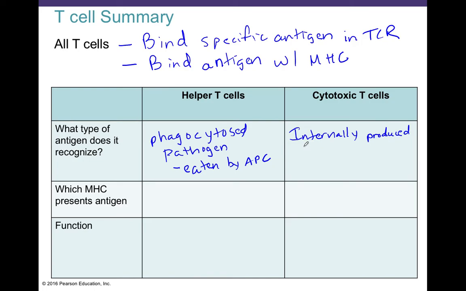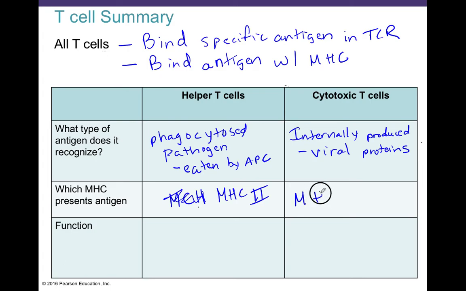And by that I mean inside of the cell. So these are usually viral proteins, things that are actually produced by that cell itself. Helper T cells are going to recognize that antigen that's presented on MHC2, and cytotoxic T cells are going to recognize antigen presented on MHC1.